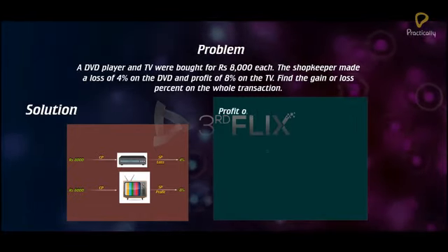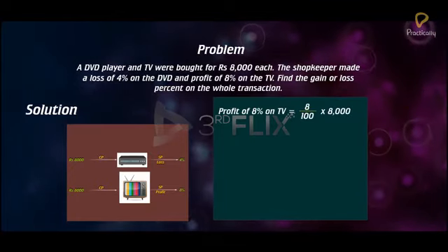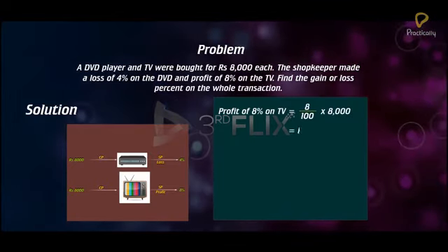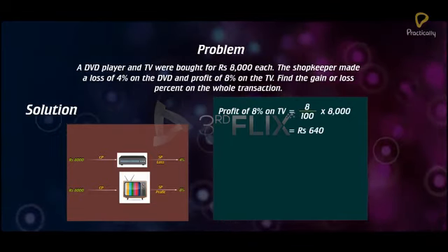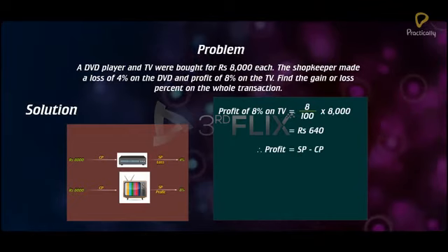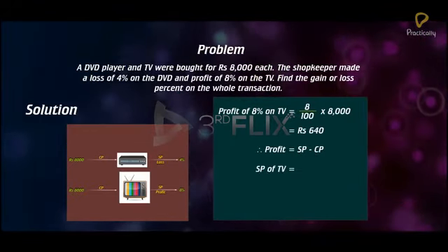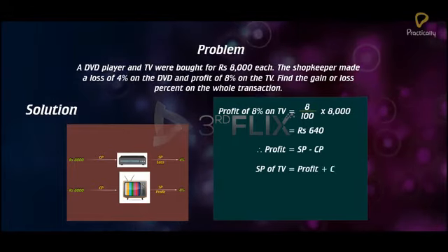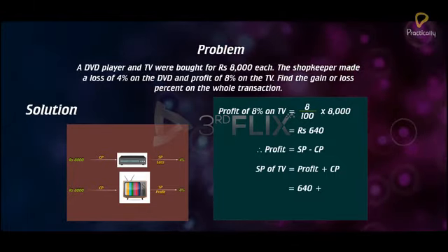Profit of 8% on TV is equal to 8 by 100 into 8,000, which is equal to rupees 640. Since profit is equal to selling price minus cost price, selling price of TV is equal to profit plus cost price, which is equal to 640 plus 8,000.